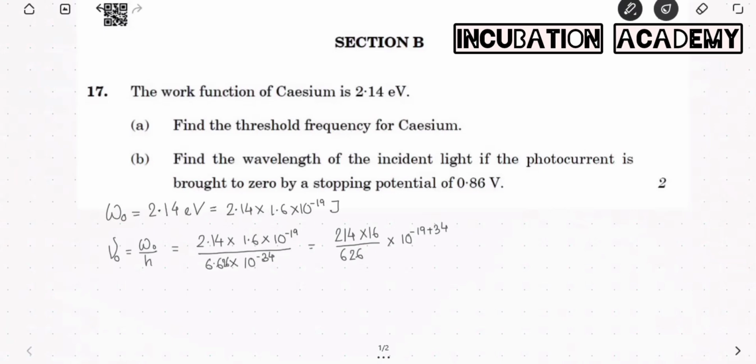So let us cut it down. If you cut it down, it will be 313 and it will be 8.